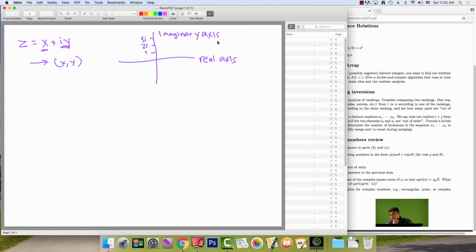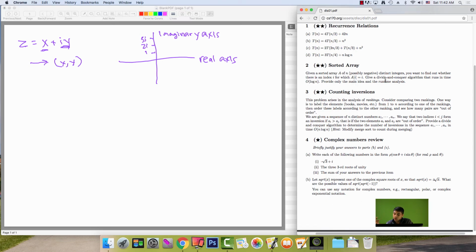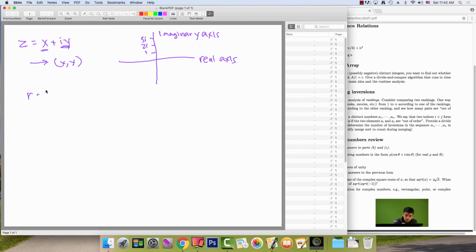Okay, so now going back to the problem, number 4, we're asked to write numbers in the form r times cosine of theta plus i sine of theta. This is actually a very useful form for complex numbers called polar form.